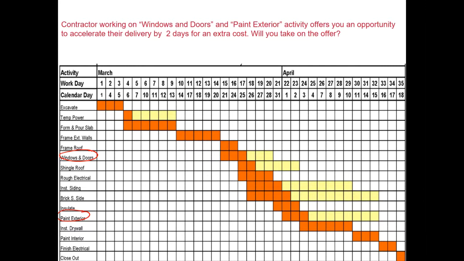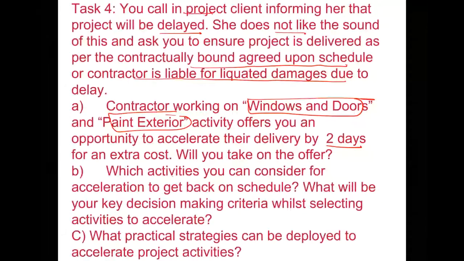So basically, this guy is telling you I can deliver the work not in 3 but in 1 day, and this guy is telling you the same, but none of these activities are critical, and even if you crash them, you would possibly incur extra cost without incurring any benefit. Your delay would stay the same, right? So I think that's a good answer. This offer can be declined. We do not stand to gain anything.